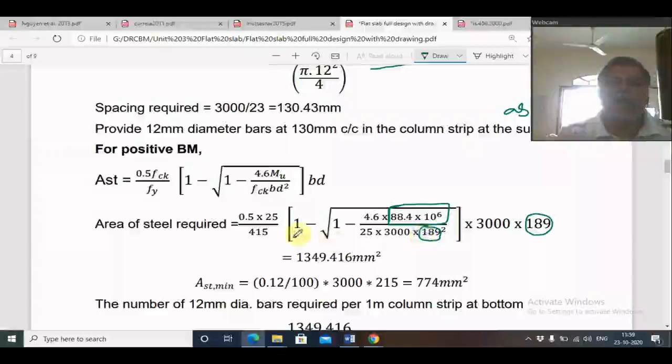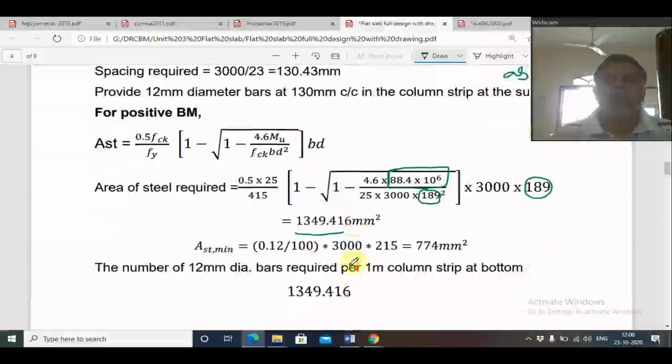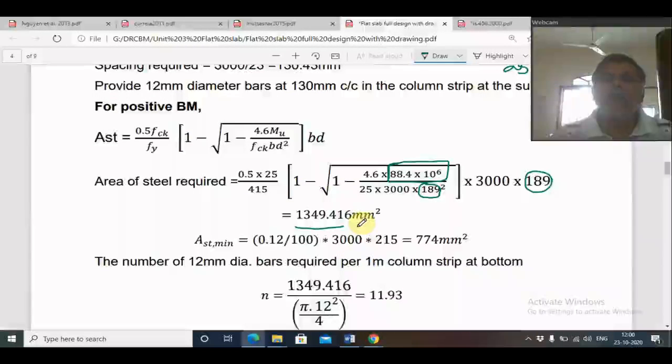Then simplifying this equation, we get the value of 1349.416 mm squared as the area of steel required. I have a doubt. Let me check this value with the minimum area of steel required. Minimum steel for the slab is 0.12% of the gross area, 0.12 by 100 into B into D. Here B is 3000.